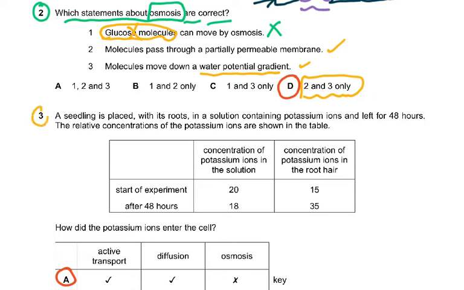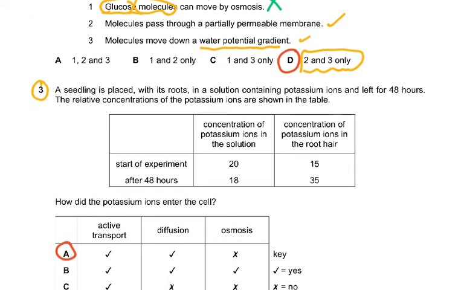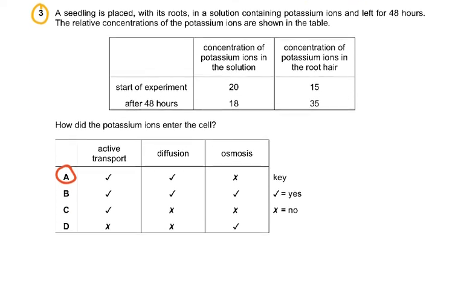Then coming to question number 3. A seedling is placed with its roots in a solution containing potassium ions and left for 48 hours. The relative concentrations of the potassium ions are shown in the table.